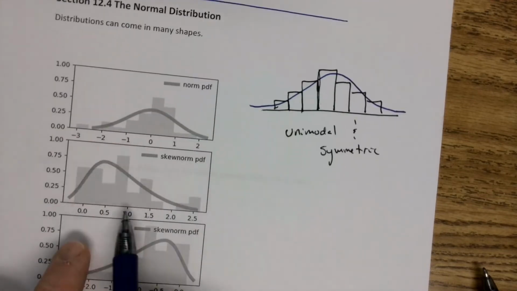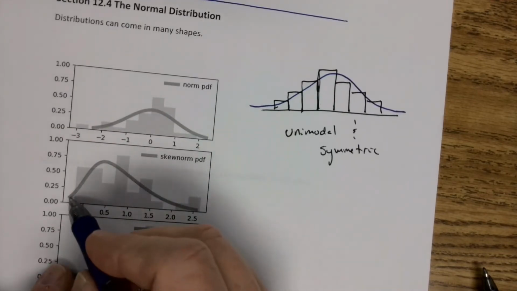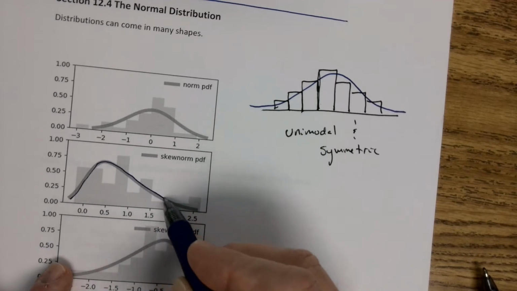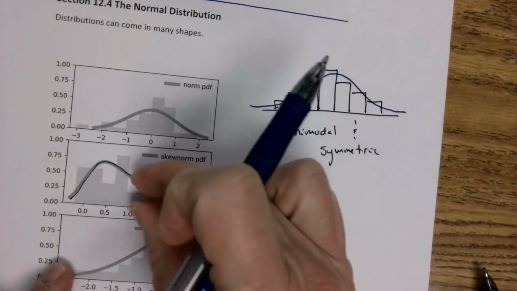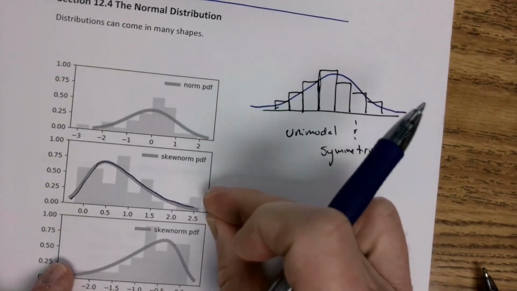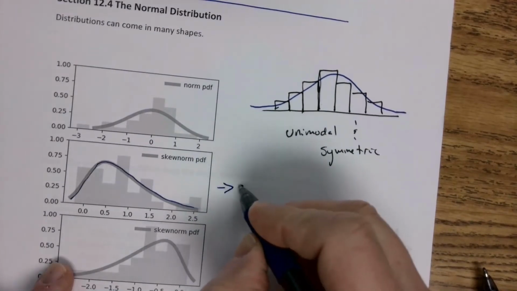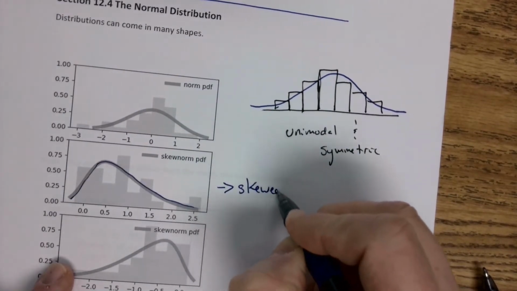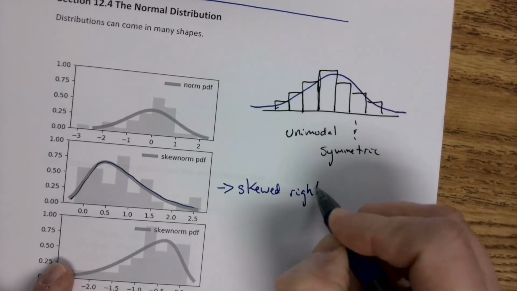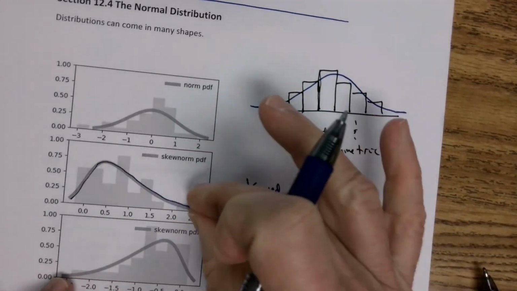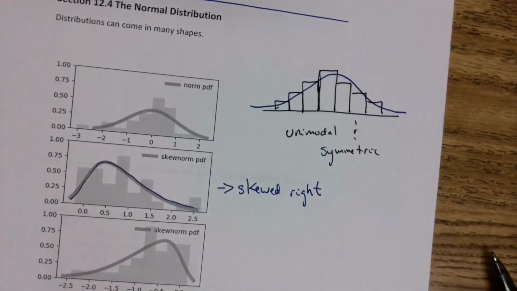All right. This one, if you'll notice, it looks like somebody's pulled on this tail. Okay. So what we call this one is skewed right, because the tail's been pulled to the right. If that one's skewed right, then this one is skewed left.